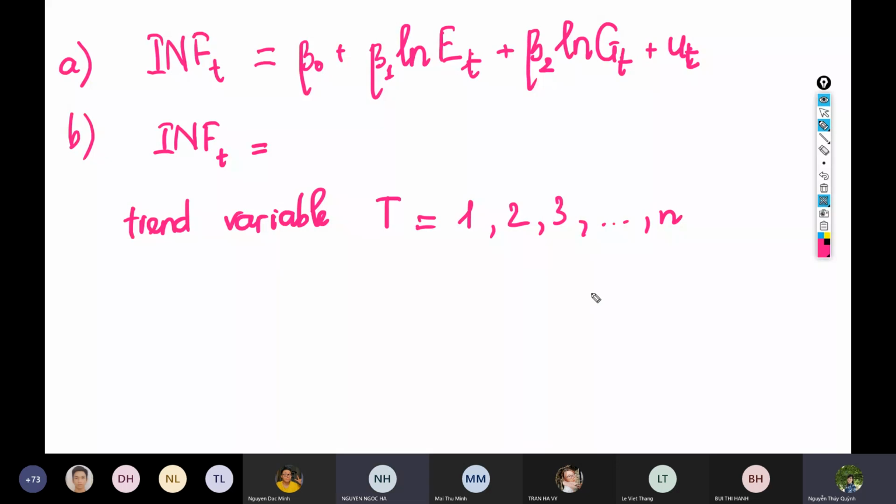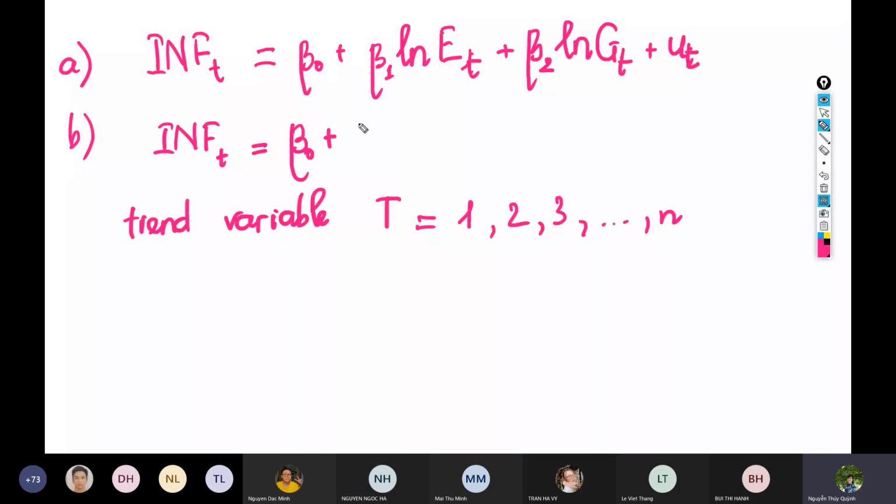All right, so here we have the model. What will be our model? We still have the intercept, that will be beta 0, and then we still have the electricity and gas price in the model as the independent variables.